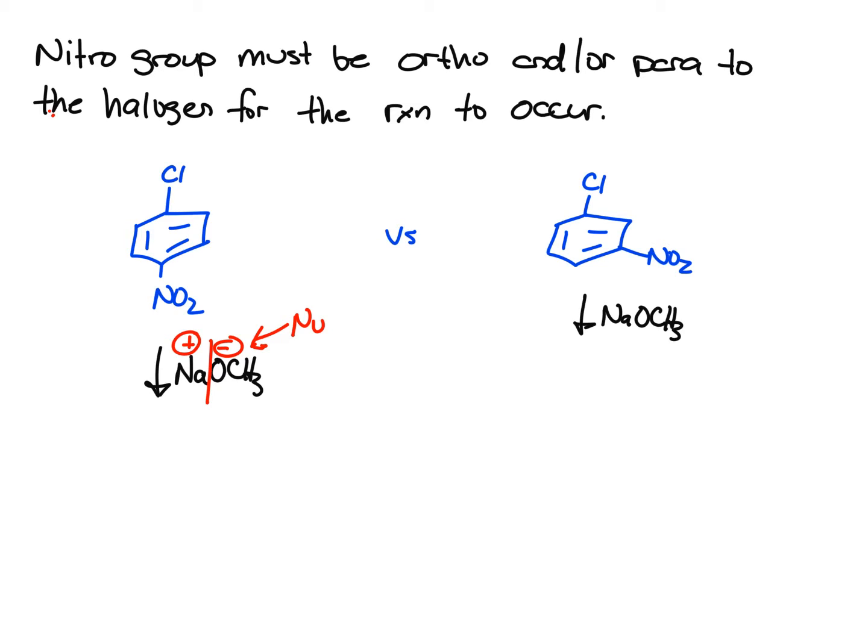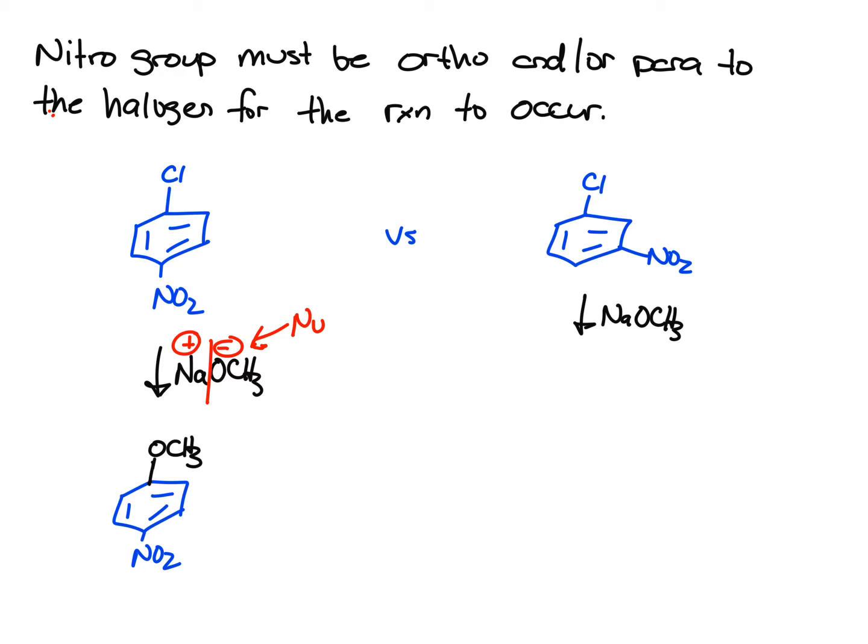Now, in the case of having the nitro group para to the chlorine, the reaction does work. And we end up with the methoxy group substituting the chlorine.